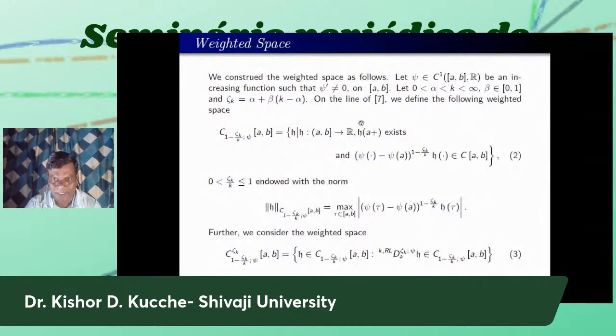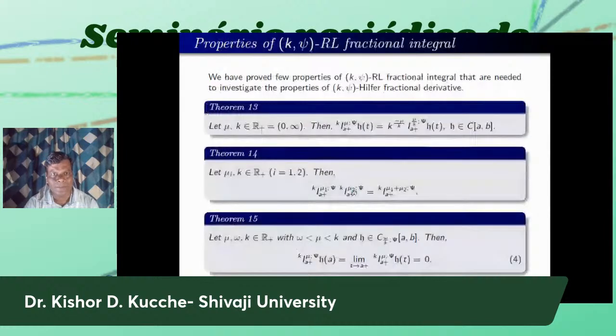Okay, so the basic paper we have referred to define this weighted space. And we can check that zeta k upon k lies between 0 and 1. Okay, and this is a non-linear space with this norm, the maximum norm, supremum norm, we can call it. And we also require this weighted space to study some properties related to the K-Psi derivative.